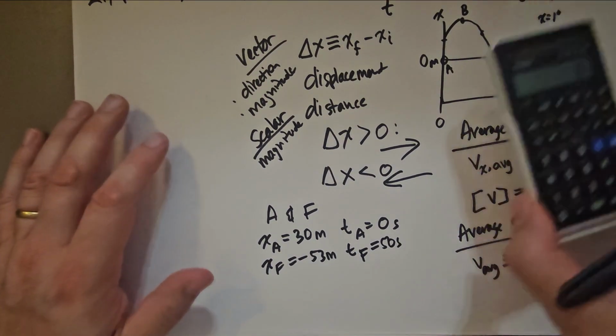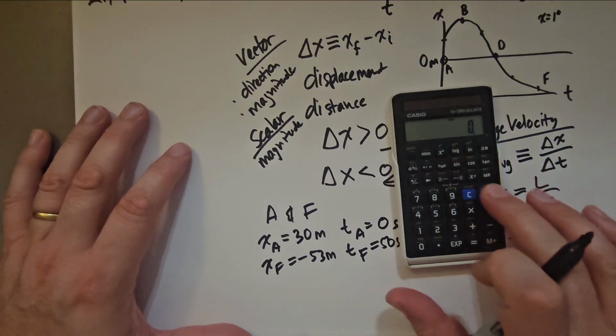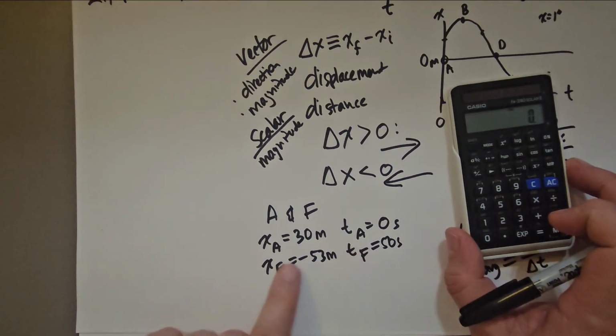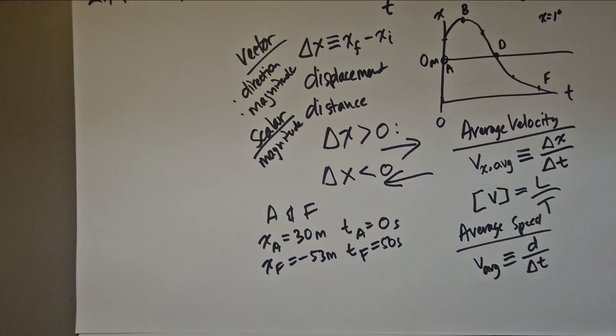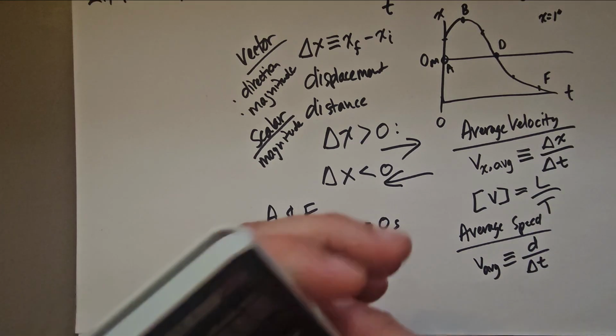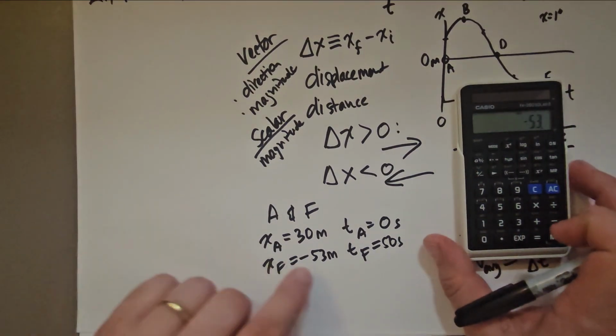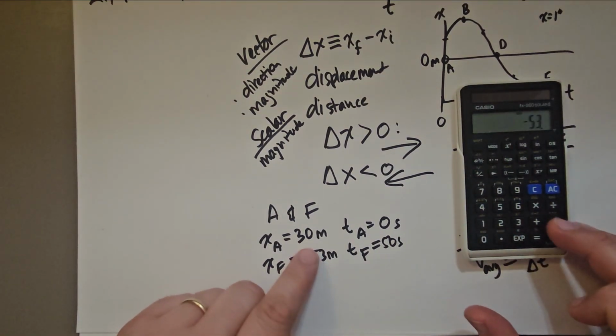So pulling out a calculator, the displacement is going to be the final position, so that's minus 53 meters, minus the initial position, which was 30.